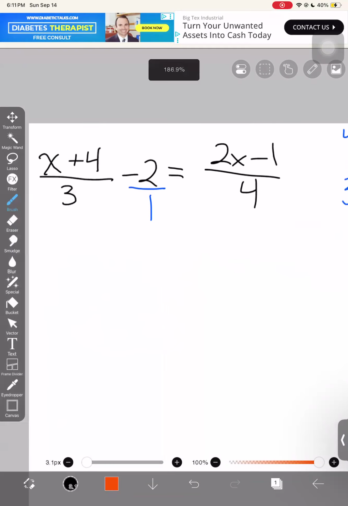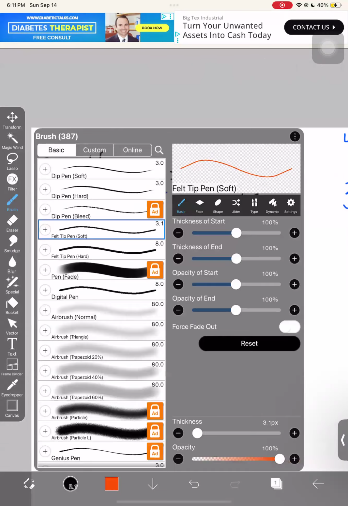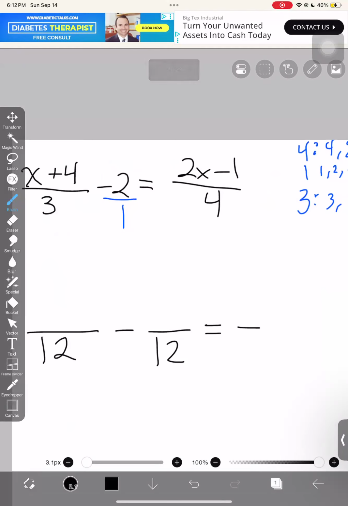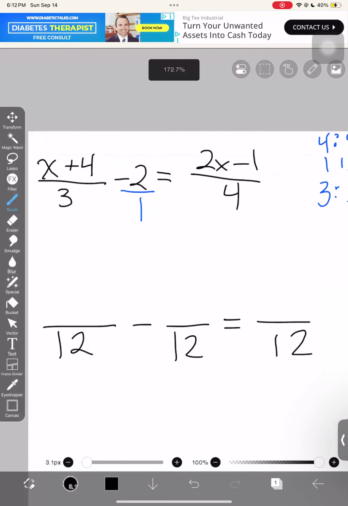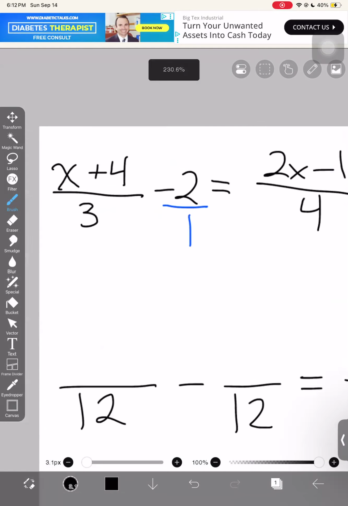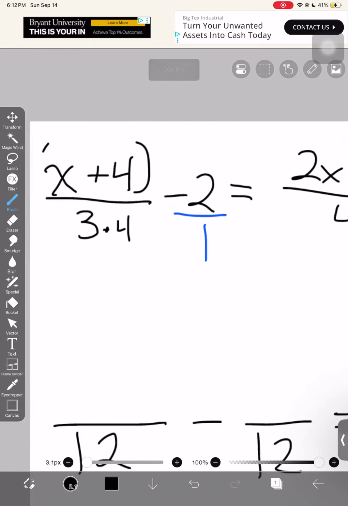We have to turn every single fraction here in terms of 12. So let's do that. 12 minus 12, 12. So what did we have to multiply 3 by to get 12? Well, I had to multiply by 4. But whatever I do to the bottom, I must do to the top. And that means I have to multiply by 4 on top.